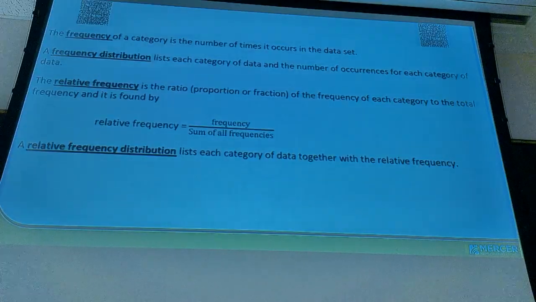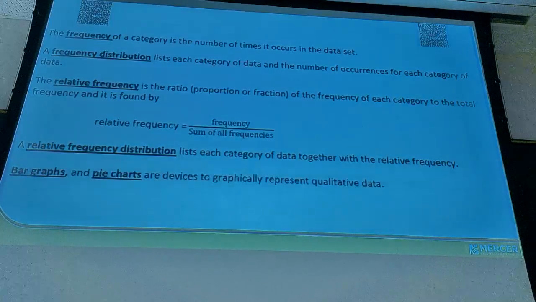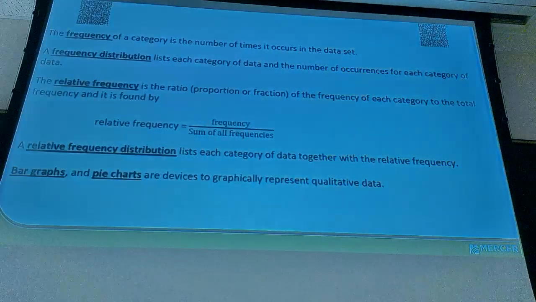So in terms of graphs, there are two commonly used graphs for qualitative data. The bar graph or bar chart and a pie chart. For a bar graph, it's quite clearly what it sounds like.